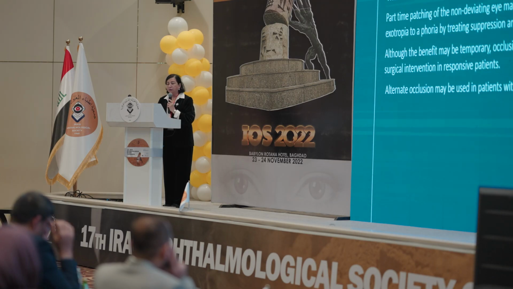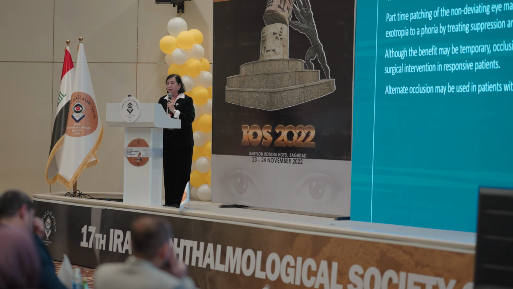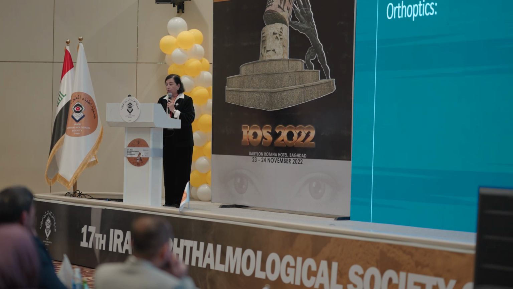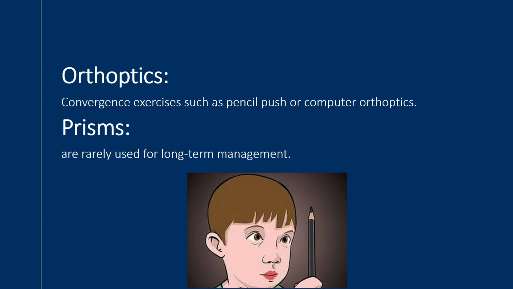Sometimes alternate occlusion may be used in patients with equal fixation preferences. Orthoptics: we know the famous convergence exercises such as pencil push-ups or computer orthoptics. Some speak about prisms, but they are rarely used for long-term management.